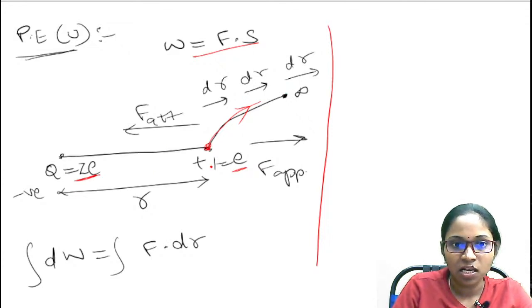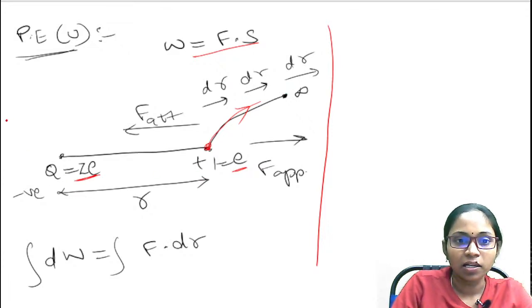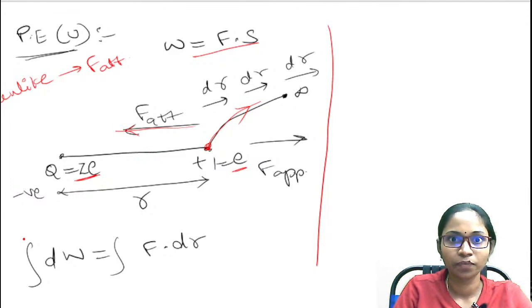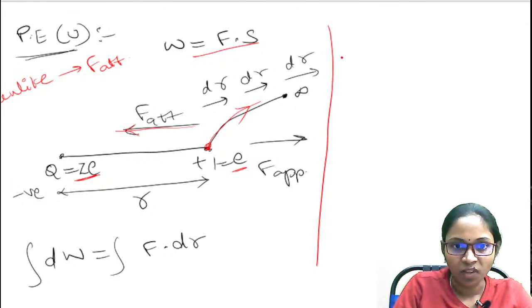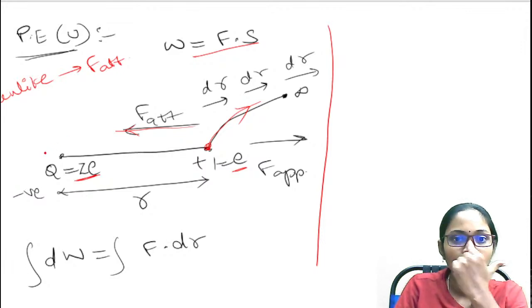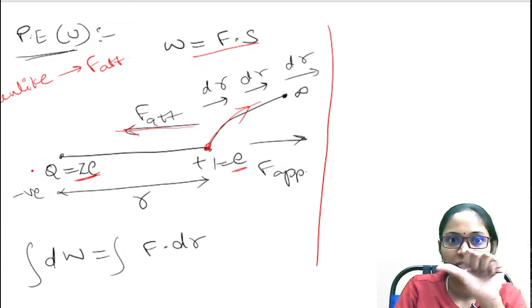See, as both the charges are unlike charges, we will have an attractive force between these two charges. So the direction of force is this one. Therefore this force is towards the left hand side. Towards the left hand side we will take the negative sign, and towards the right hand side we will take the positive sign.